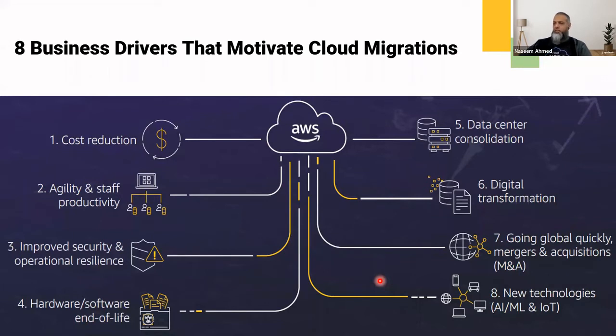These are just some of the reasons why organizations move to a cloud. It's typically a combination of any of these, but it could be, are you planning a data center refresh? The infrastructure within the data center is outdated, it needs to be updated. Are you wanting to go global? Maybe you want to adopt new technologies such as artificial intelligence, machine learning, Internet of Things.